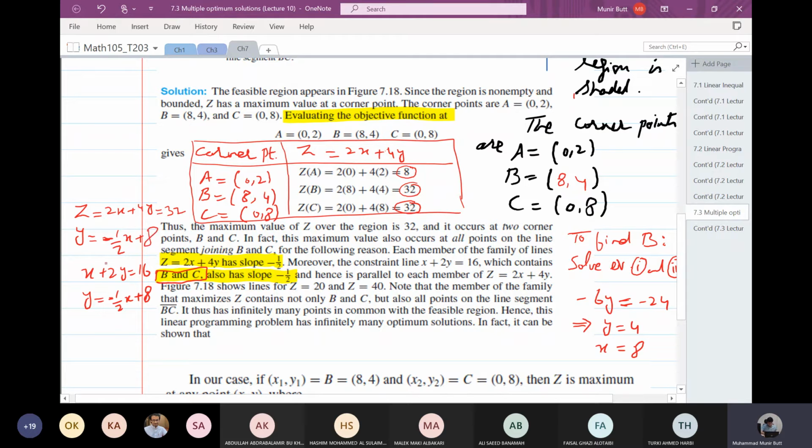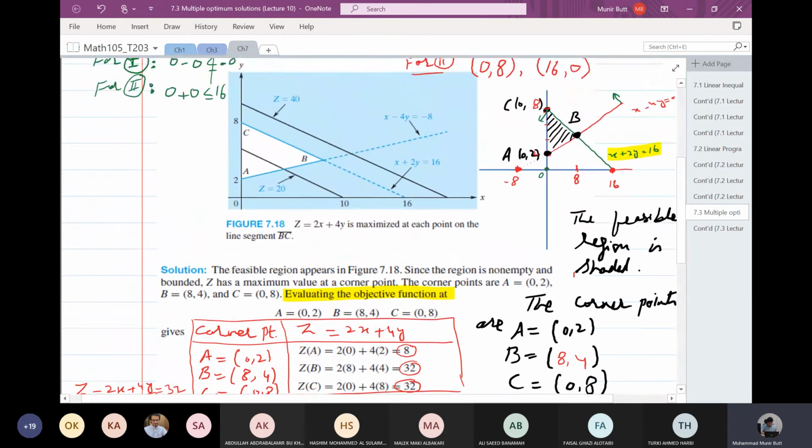So you see, from this equation, the maximum is the same as this BC, and both have the same slope. So what is the conclusion? The conclusion is that every point on this BC line, from this to this, is actually a solution for this one.